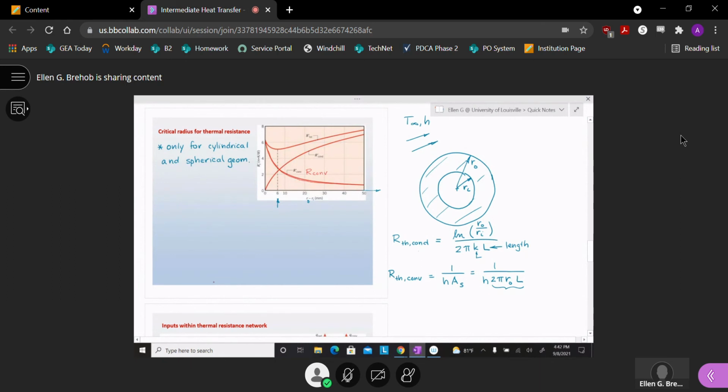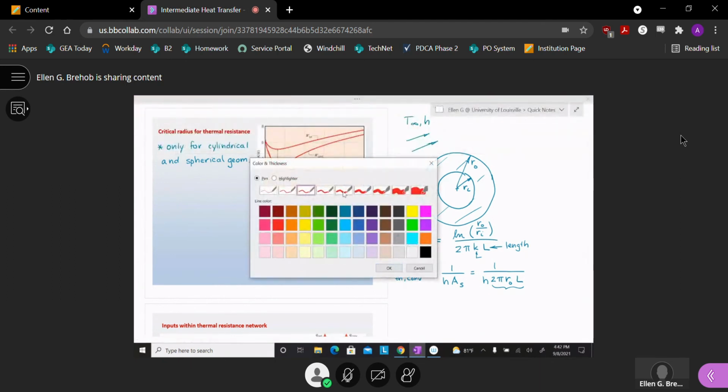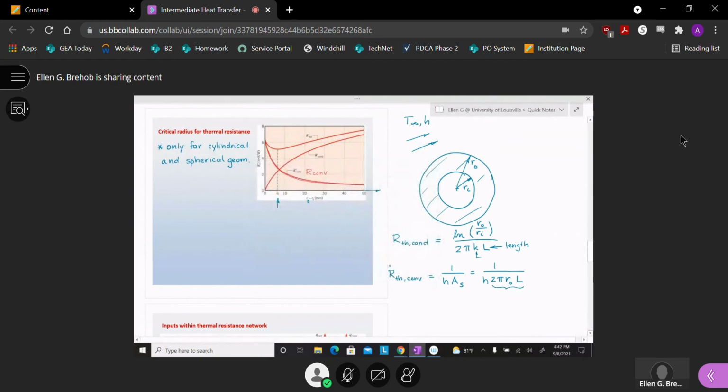Okay. And because these are 2 resistances in series, we're adding them up. That's the next piece that this curve is showing, is that we've got this combination of these 2 resistance elements.